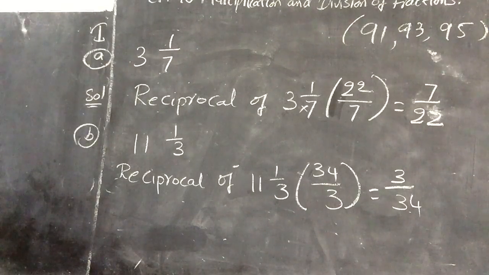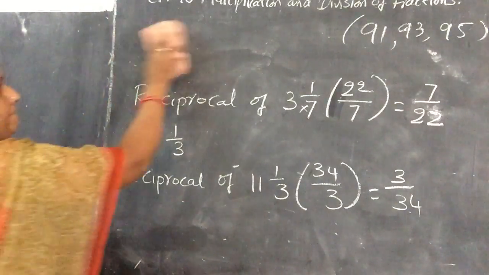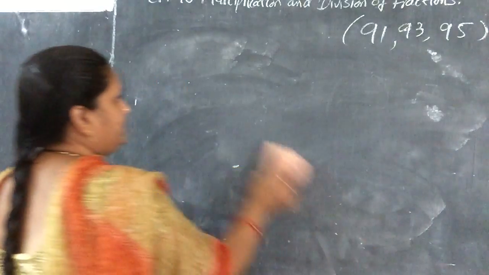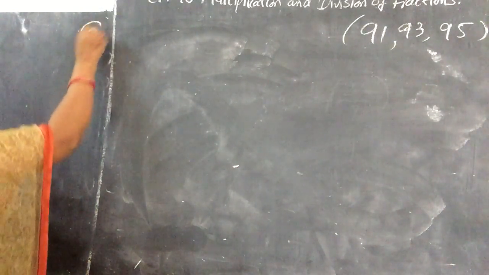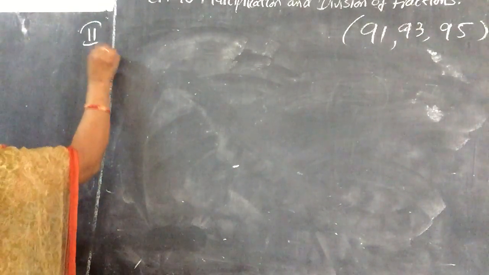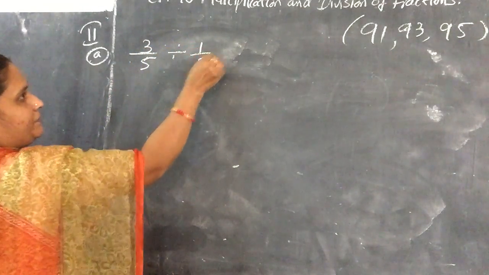Okay. Next, Roman number 2, divide. Very easy, children. How to do fraction division: A, 3 by 5 divided by 1 by 5.